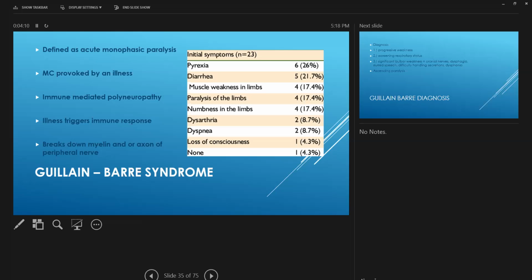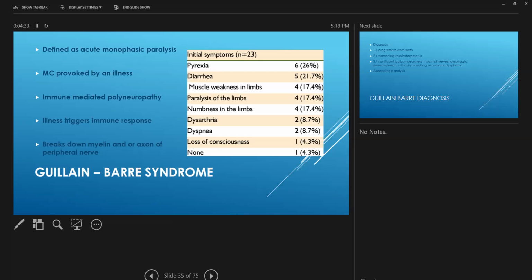Guillain-Barre. So Guillain-Barre is considered an acute monophasic paralysis. So when you break that down, it basically says paralysis starts at the feet and works itself up. So it's provoked by an illness, particularly after a GI infection.